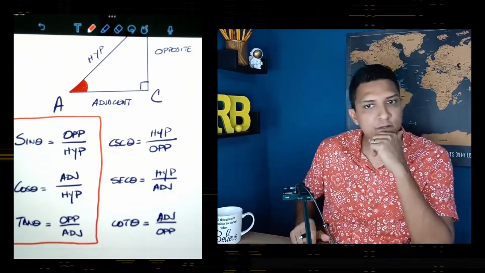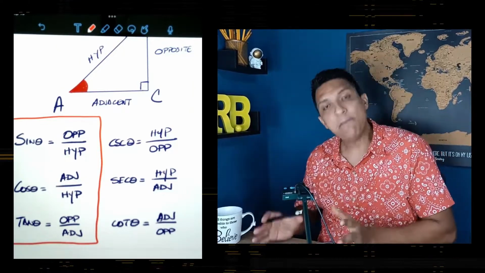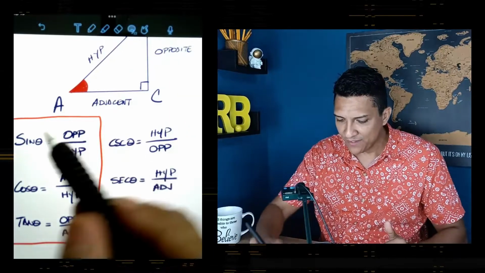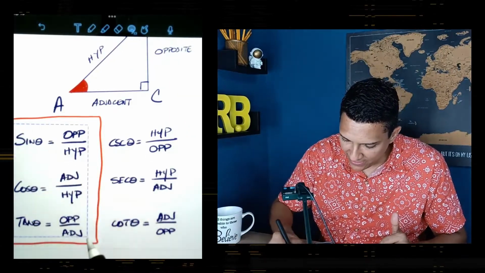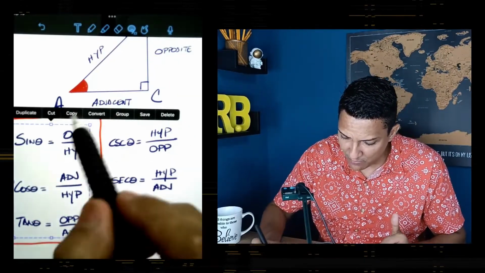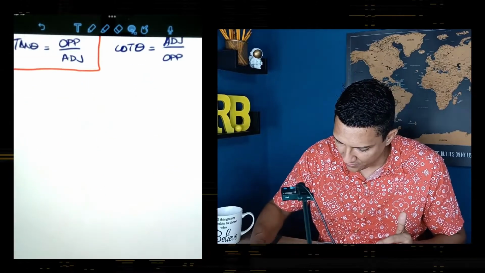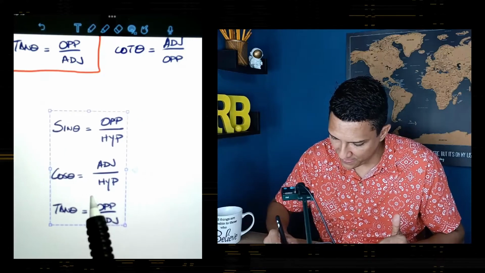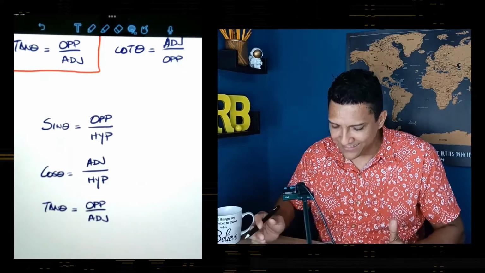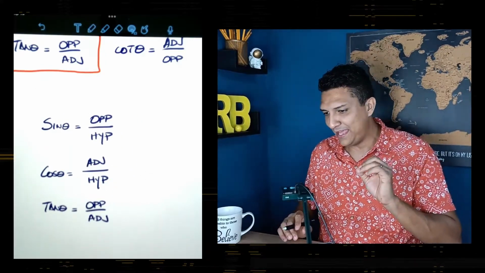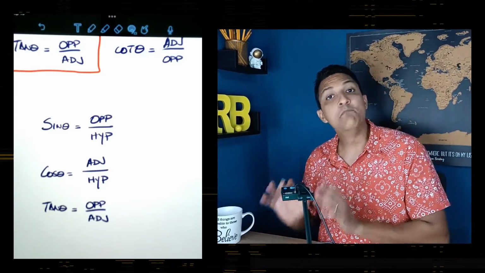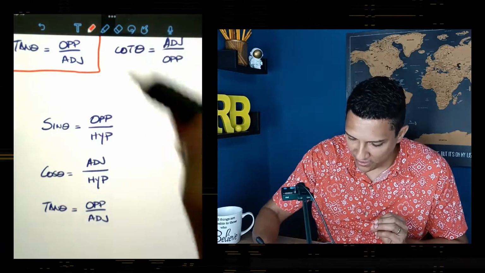Something that is really difficult for students is to memorize these relationships, these ratios. So there is a mnemonic. A mnemonic is a kind of abbreviation that helps us to memorize. So I'm going to copy the first three that we have here and paste them here. An easy way to memorize this is using a mnemonic, and the mnemonic is going to be this.